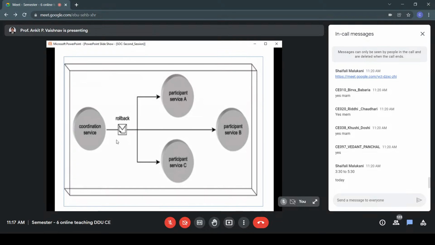So basically the coordinator service is asking all the services to go back to their previous states, as if nothing happened. We have seen that earlier in the example. Is this clear? I hope all of you are with me.